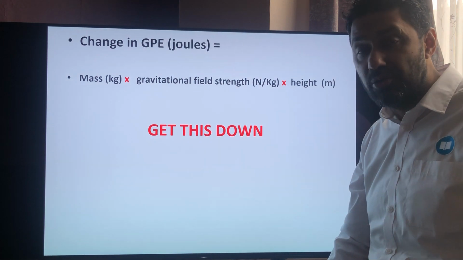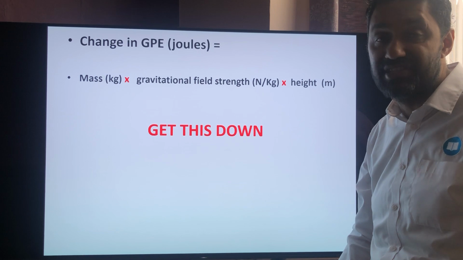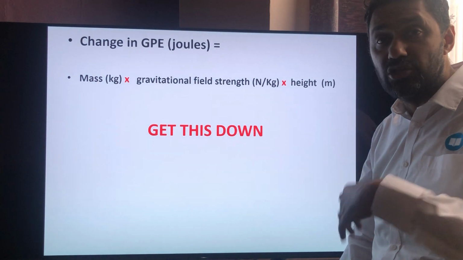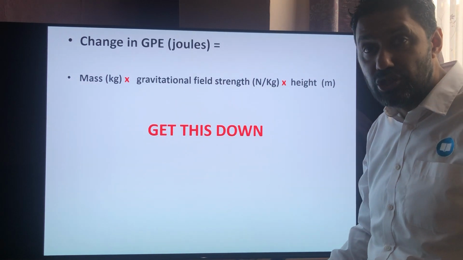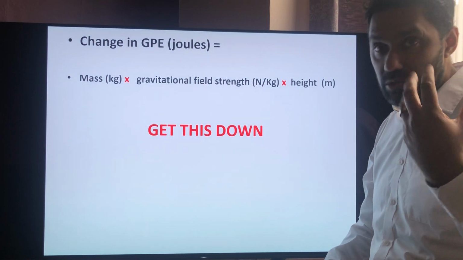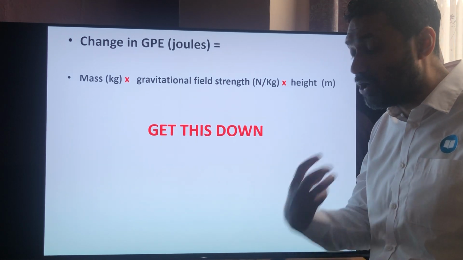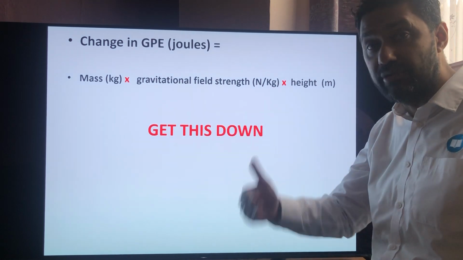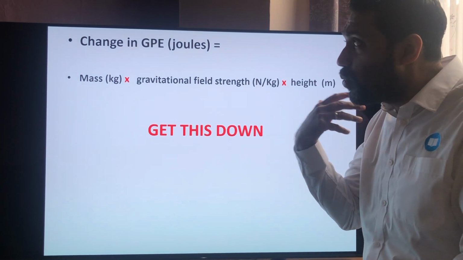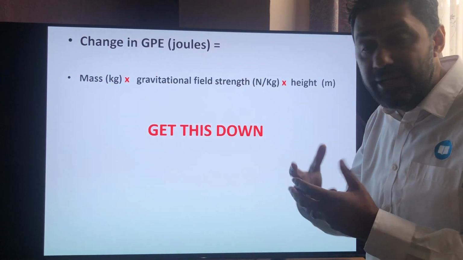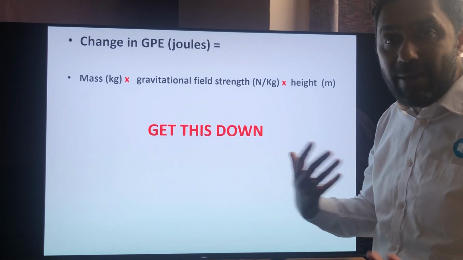If you look in the back of your textbook or even your revision guide, you'll see there's a whole list of physics equations that you have to memorize. Not just for your science, you've got a whole list of maths formulae you need to memorize too. And then for your English, you've got all those quotes and things. So there's so many things you need to memorize and commit to memory. And you can't do that unless you do it by rote fashion, hard work, graft, going over it and over and over again. And one thing to let things stick into your memory is to make it sound stupid. So turn it into a stupid type of rap or something like that.